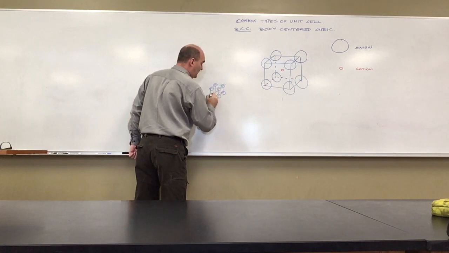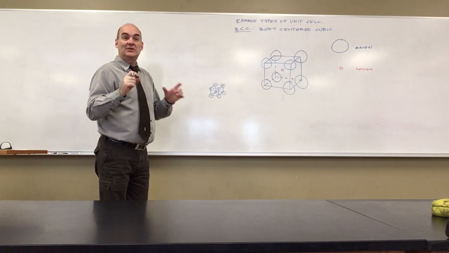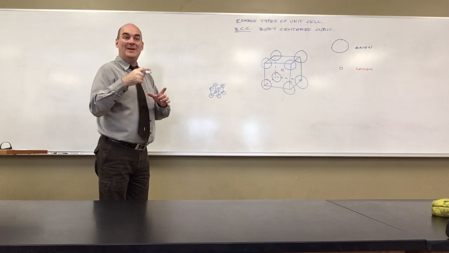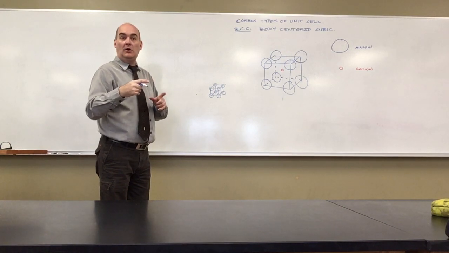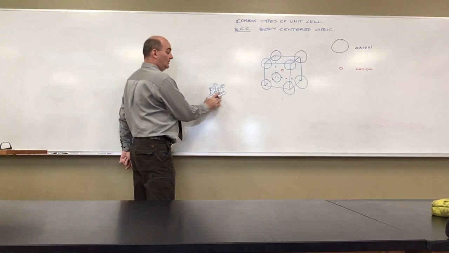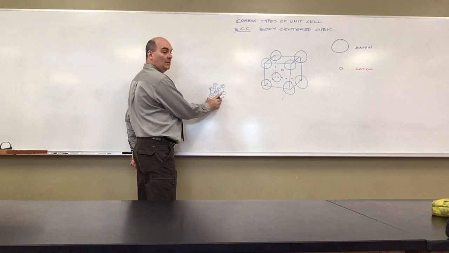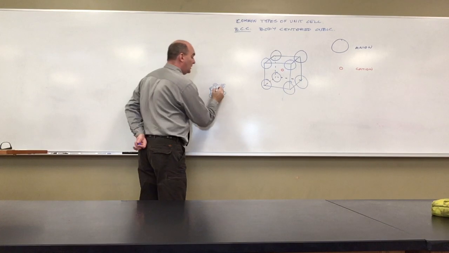What we've drawn on the board is the unit cell. It is the smallest repeating description of what's going on inside this enormous three-dimensional array. So here's a cube. Guess what is to the immediate right of this cube? Another cube.